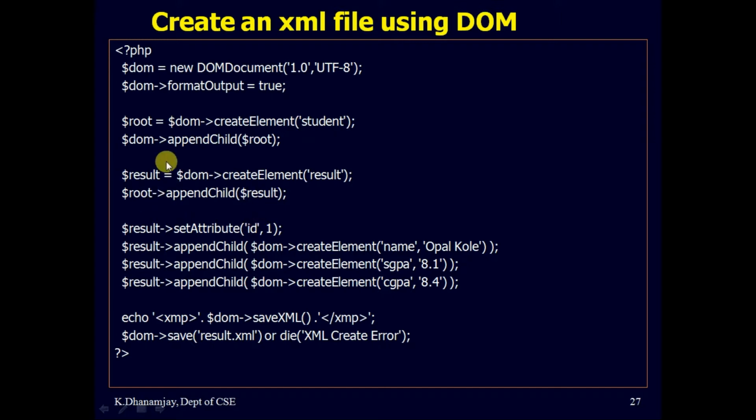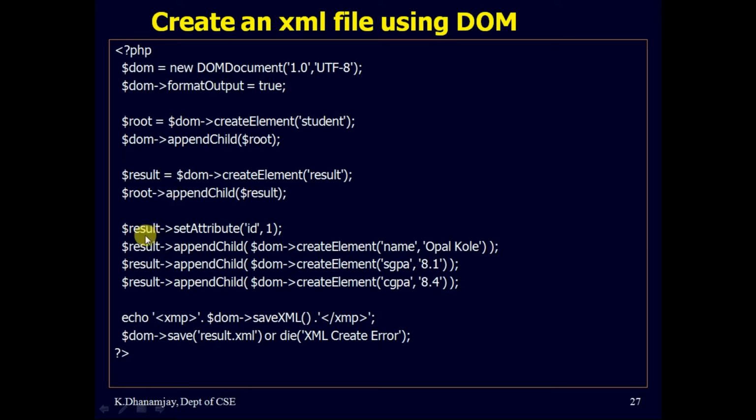Okay, remember the simple thing here. First variable is DOM, another variable is root, another variable is result. Whatever root you are creating is appended to DOM, and then whatever result variable you created, the same thing you have to call with root and result. Okay, there is a difference.